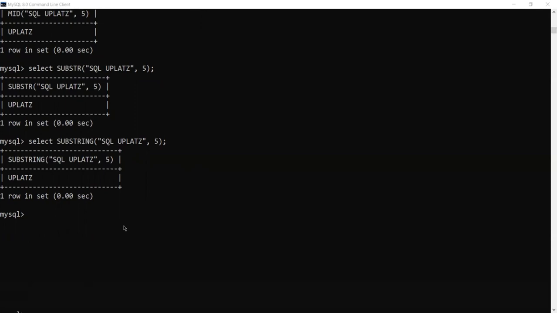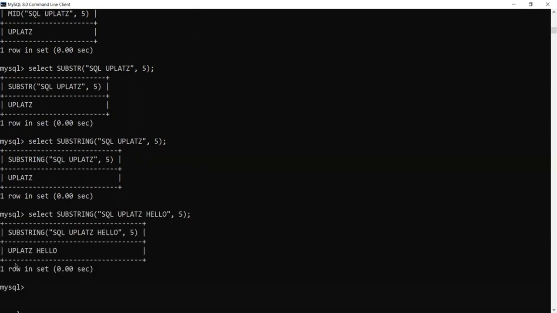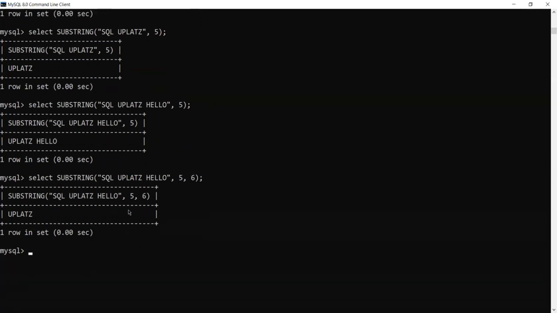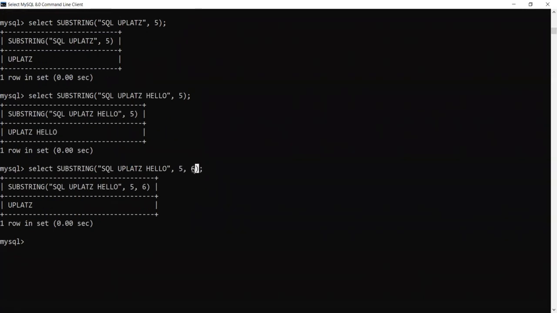But whenever you want to retrieve only the middle part, say if I have something like this, hello, and I have not given the length, it will retrieve all the letters starting from the fifth index. But if I want to retrieve only a few letters, then it is very much necessary that I give the length of the characters that I want to see in my output, and exactly that will be printed.